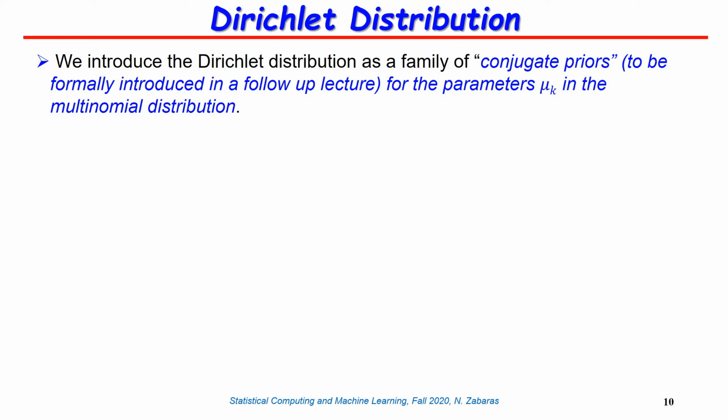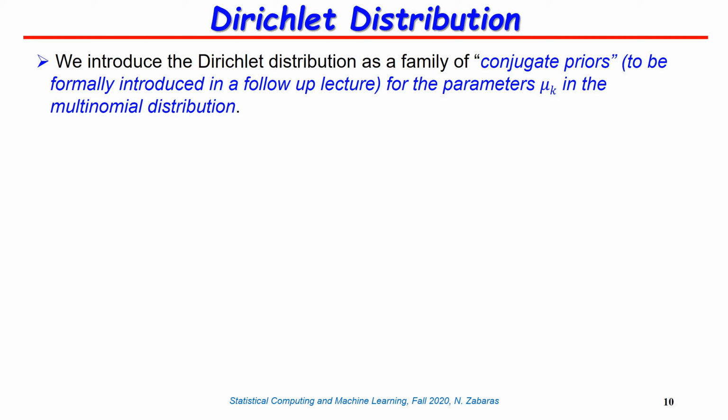The Dirichlet distribution is going to be what we call a prior distribution when we do Bayesian analysis for the probabilities mu1, mu2, up to mu K that we have seen in the multinomial distribution.